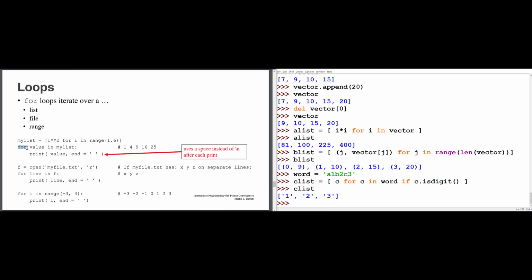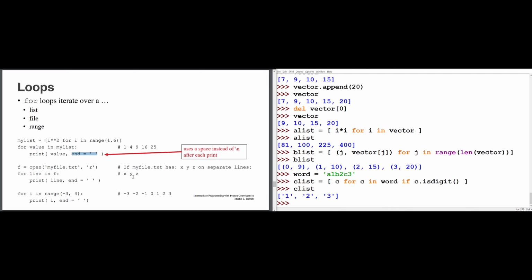Okay. Well, I've kind of already talked about loops in the context of talking about comprehensions here. I do want to mention, if you're using a loop through a list or a file or a range, and you want to alter what the print function displays at the end of each line, remember that by default, the print function displays a new line character at the end of each line.